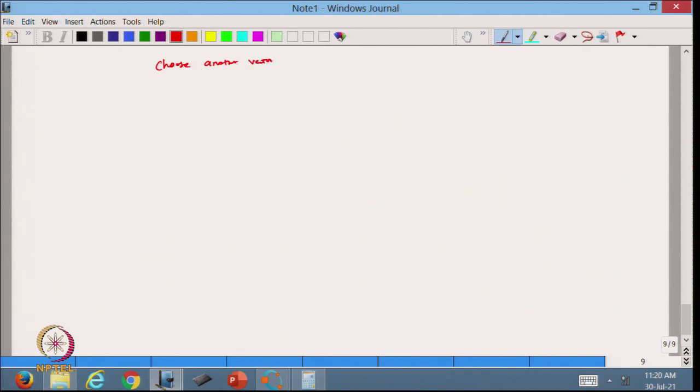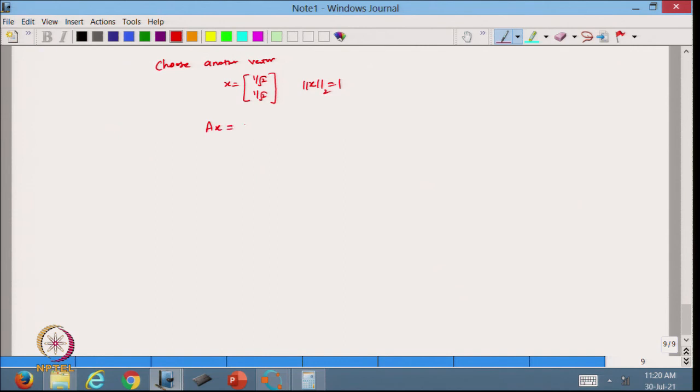So, I take now x is equal to, instead of 1, 1 by root 2, 1 by root 2. I just take this vector now. Now, I know that its 2 norm is 1 here.